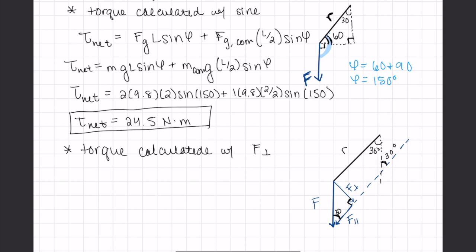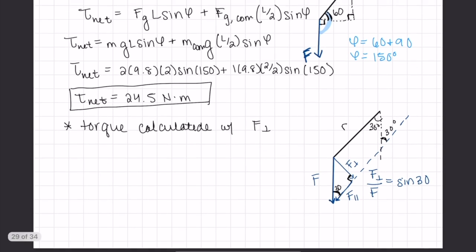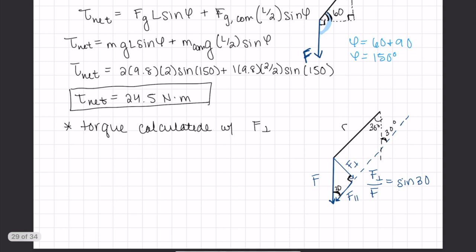So once we have one angle, we can write the force components in terms of trig functions. So we'll have F perpendicular over F equals sine 30. Now, you may be thinking, 30 degrees is not the same as the 150 degrees that we found above.